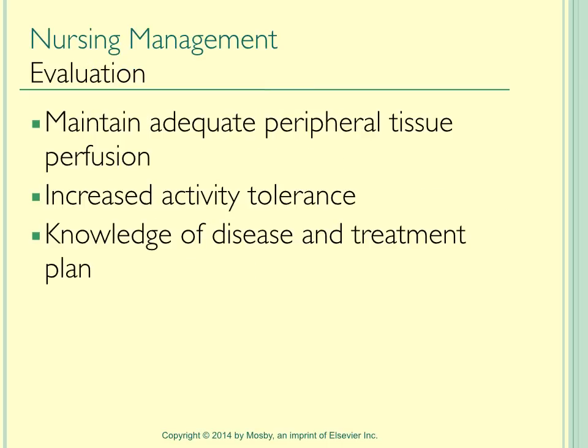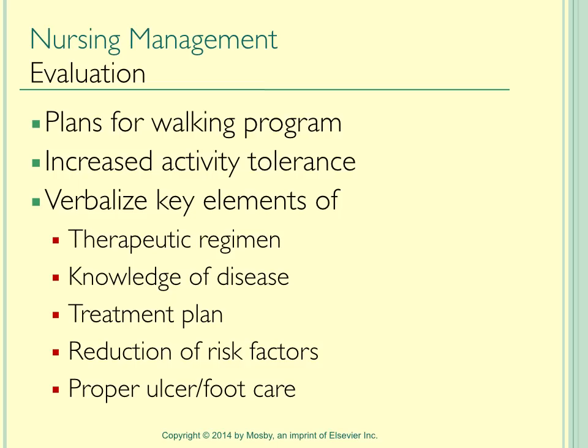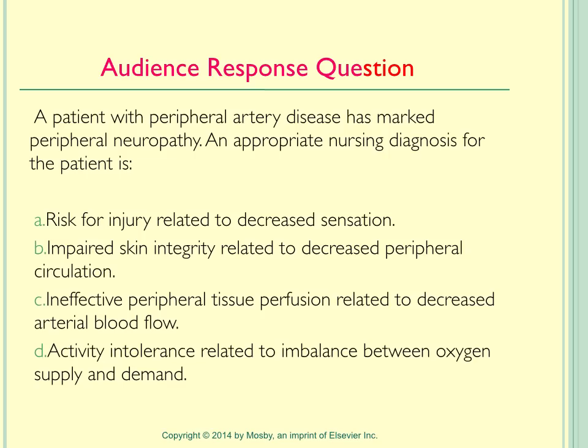The evaluation would be to maintain good tissue perfusion, increase activity tolerance and knowledge of disease and treatment. Plans for a walking program, increase activity tolerance, verbalize key elements of the therapeutic regimen: whether the patient is knowledgeable of the disease, whether he understands his treatment plan, whether he will reduce the risk factors, and whether he knows about proper ulcer and foot care.